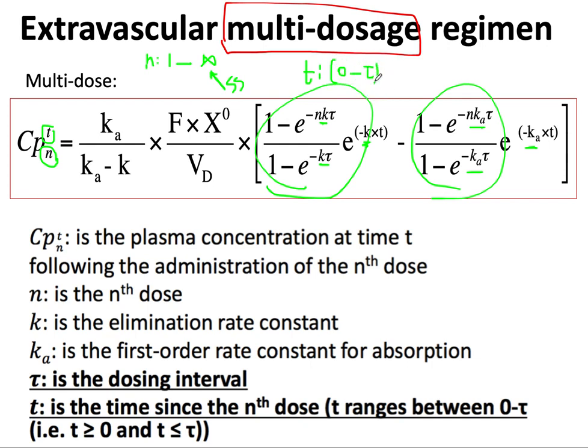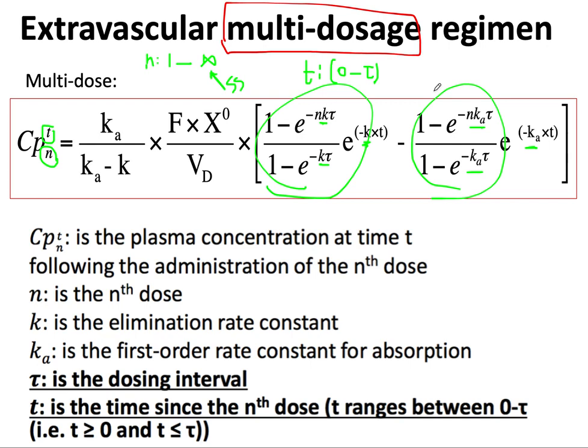Because we are using dose ratios, by default I'm talking about the superposition principle, and therefore linear kinetics, which means that the kinetics of a single dose or one of the doses is not affected by previous doses or subsequent doses.